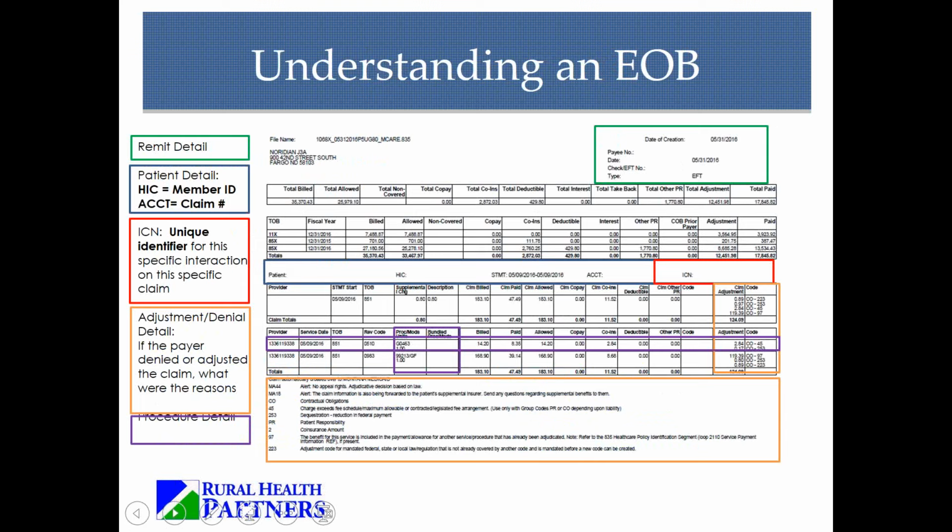This middle section is where we find out all the stuff about Angel, her name, her insurance number or HIC number, health insurance code, and the account number is our claim number.